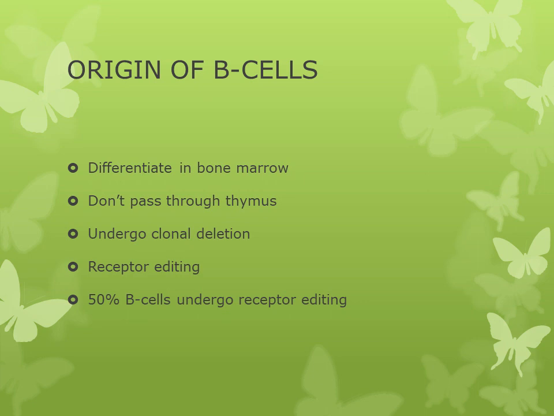What happens in receptor editing? A few B cells bear an antigen receptor for a self protein, and they can escape the clonal deletion by the process of receptor editing. In this process, some different light chains are produced, and these different light chains change the specificity of the receptor so that it can no longer be recognized as a self protein.